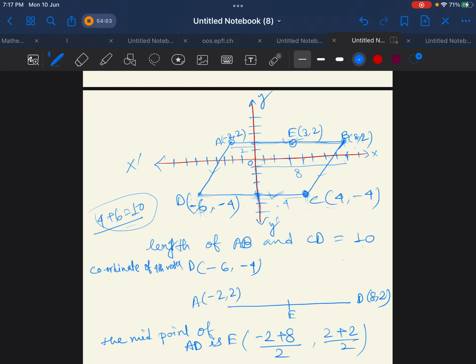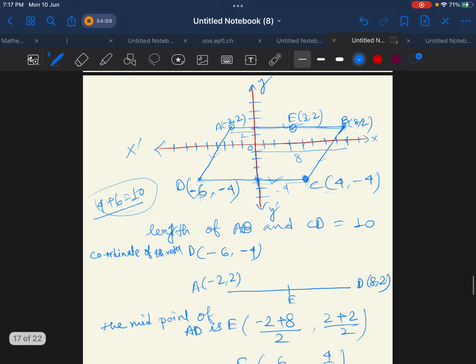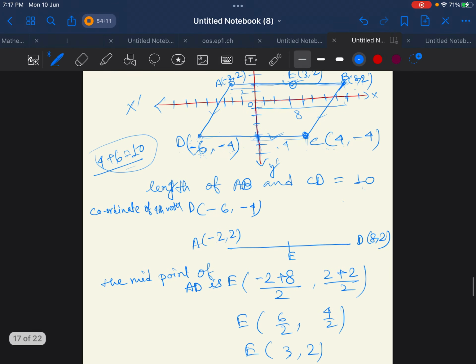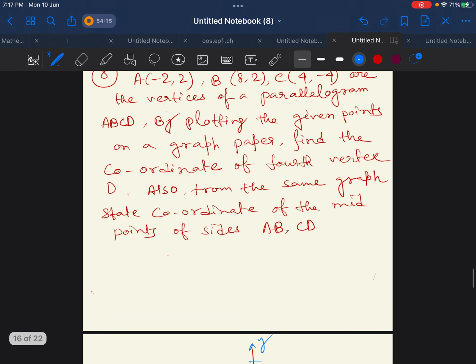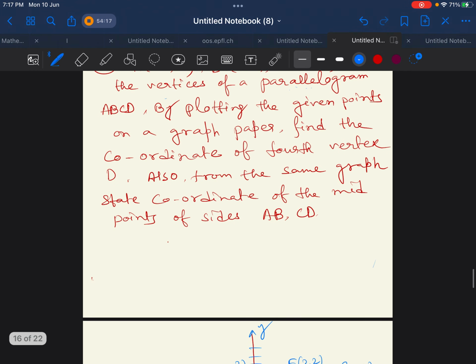If we count 1 2 3 4, the value of the ordinate in the third quadrant is minus 4. Okay, so the coordinate of the fourth vertex D is (minus 6, minus 4).